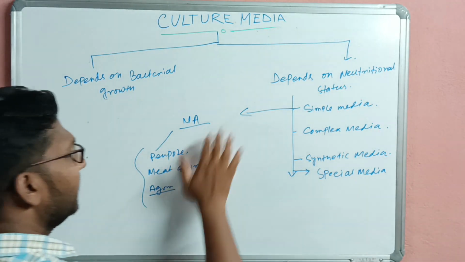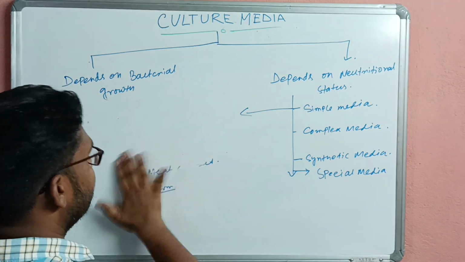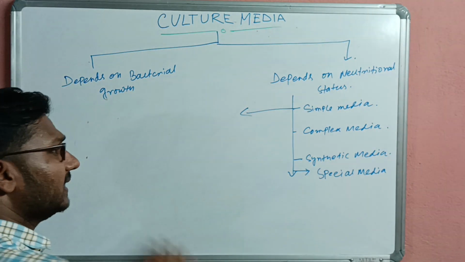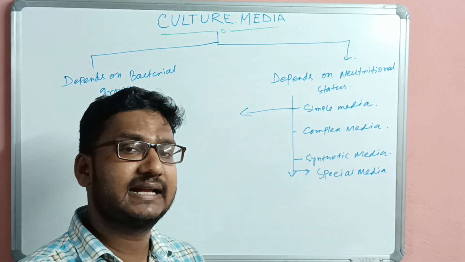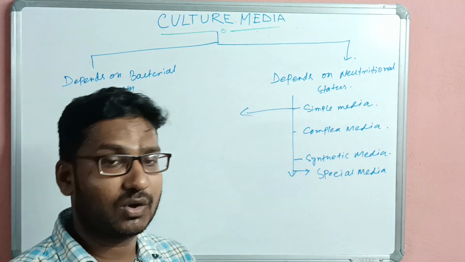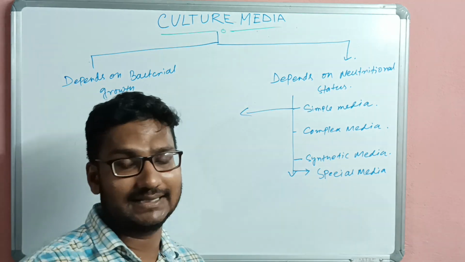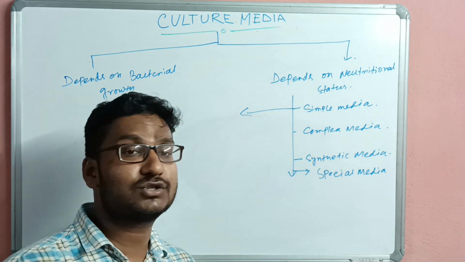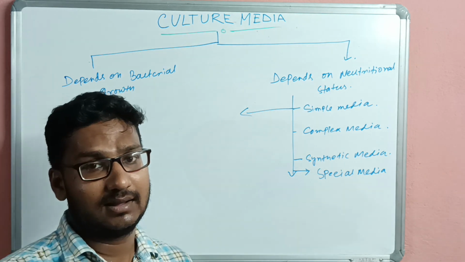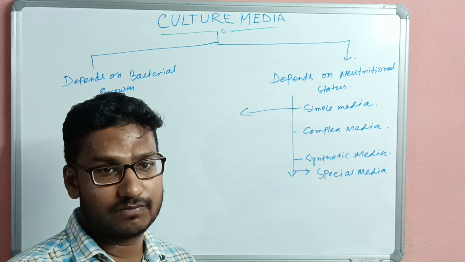Now comes to the complex media. Complex means any special ingredient is present inside this. A few extra chemical ingredients are present because of the nature of the bacterial growth.